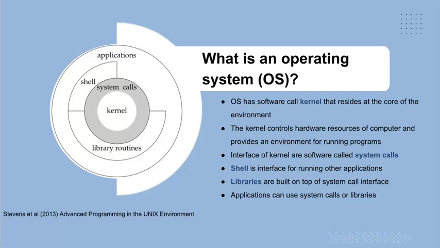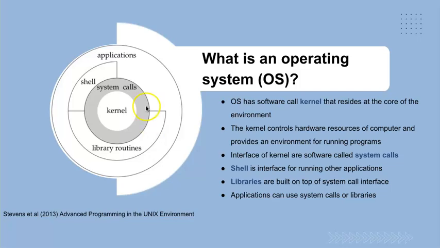So the shell again is a user-facing interface, while the kernel, you can think of that as the behind the scenes, making everything work. Another layer on top of the system call is called the library. Libraries are pre-written code that allows the user to do different common functions.